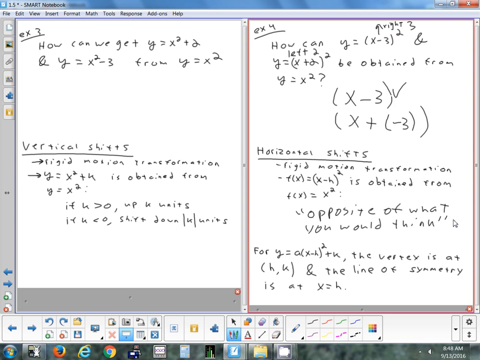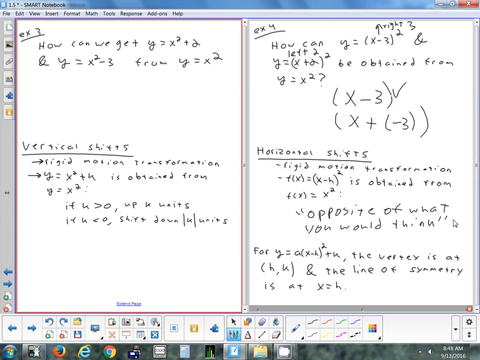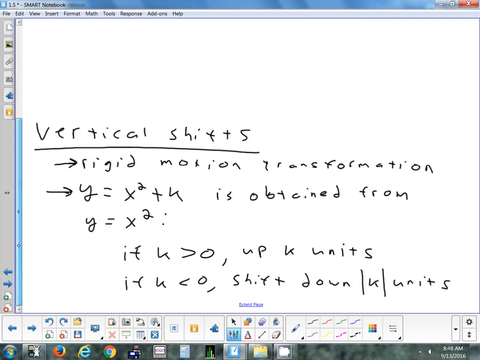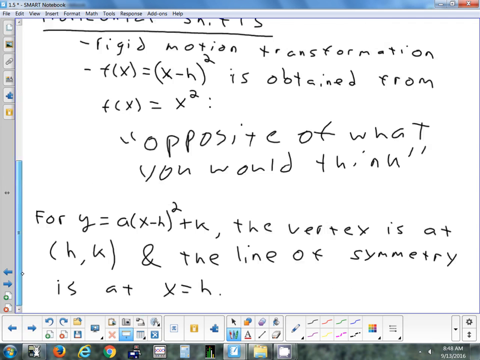So if I have a parabola, which I'll just trace one right on top, and I shift it up, that does nothing to the line of symmetry. It's still the same line of symmetry. So k has no effect on the line of symmetry for a parabola. It's h, because h is your left and right movement. That changes the line of symmetry. All right, so that's why when we shift the parabola, we say this is the equation of the line of symmetry: x equals h.